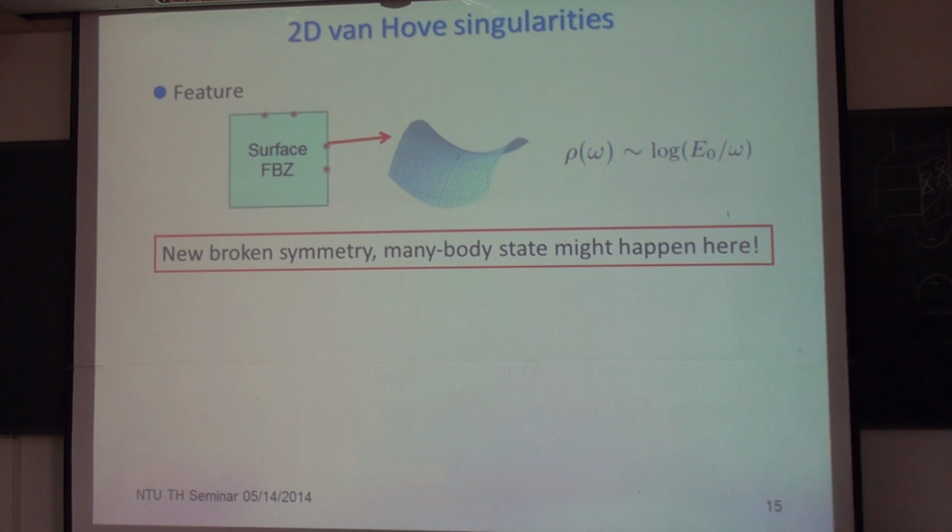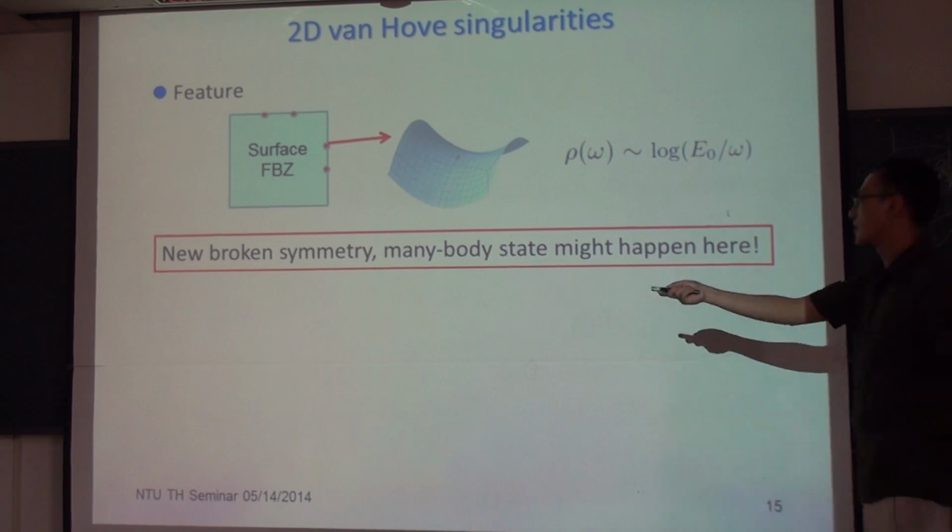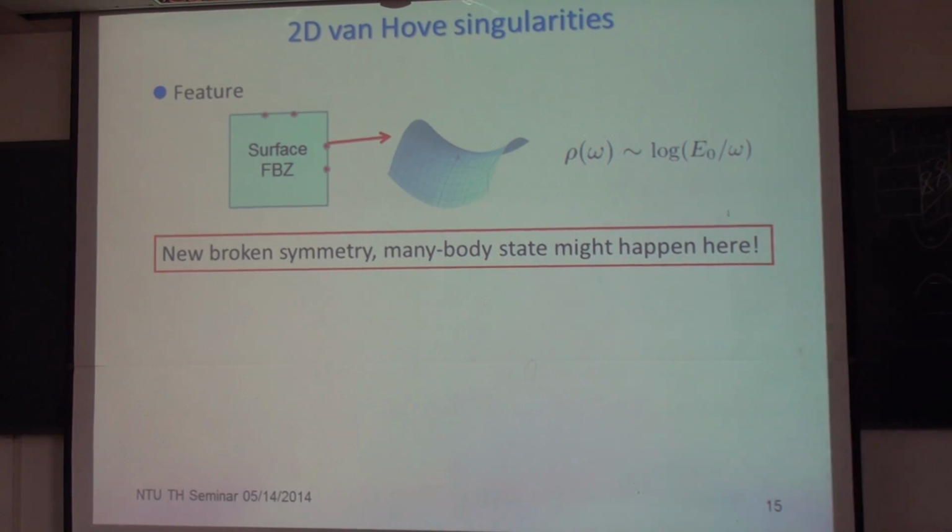Therefore, if we can tune the chemical potential nearby this point, then you can expect a new orbital symmetry metallic state can happen. So this is a very interesting system, and needs to be explored more later.